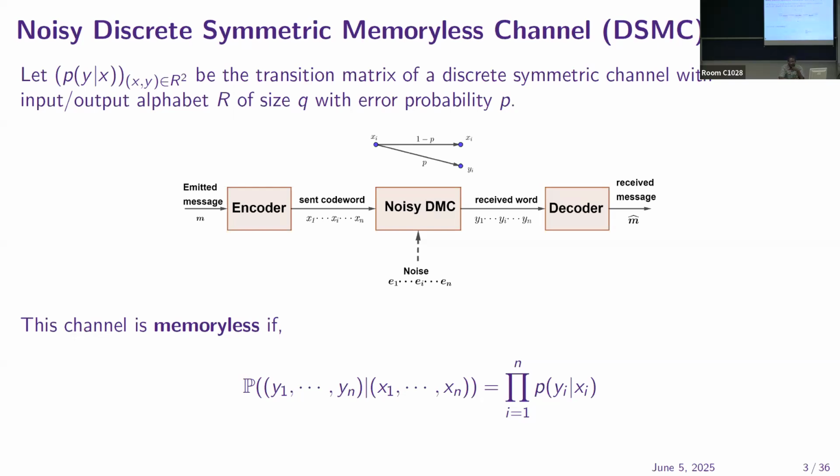This word is called a code word. The code word is sent into the noisy channel. The received word can have errors. Then there is the decoding.